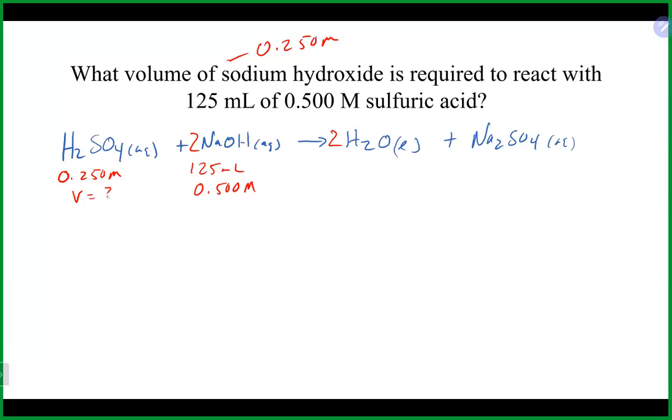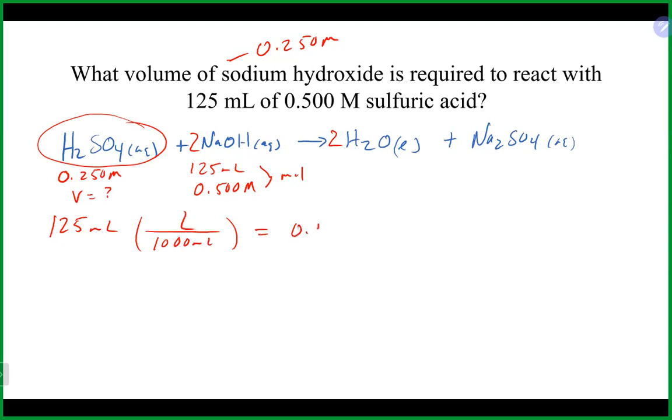At this point, we can only get moles from this one, and we are looking for something about the other reactant, which means it is not a limiting reagent problem, it's just a basic stoichiometry problem. So we will convert to moles. We're going to take our 125 milliliters and divide it into liters, so we're in the correct units.